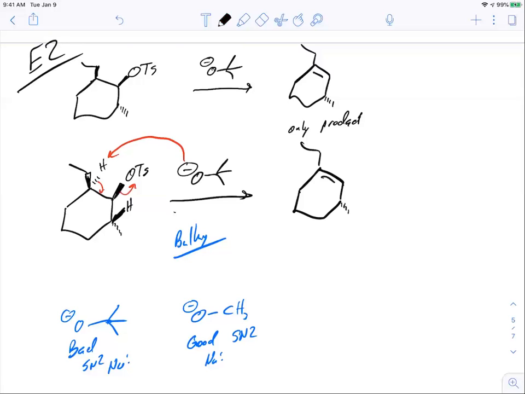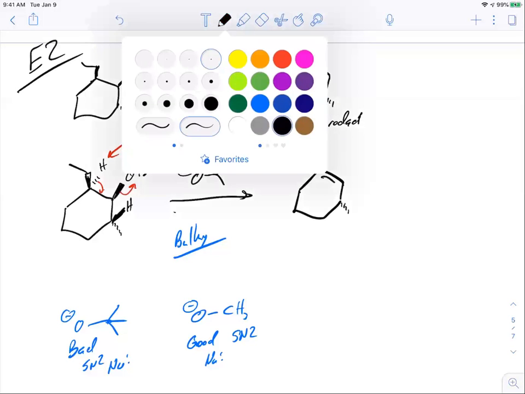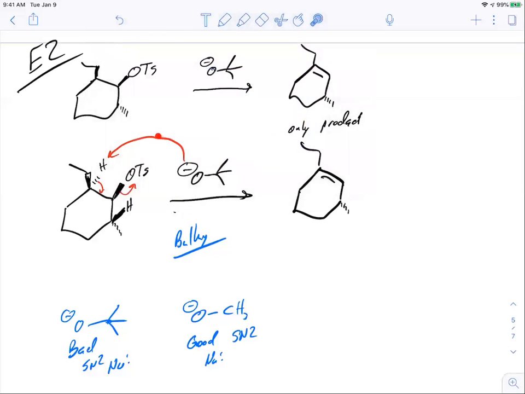So what is going to be happening in an E2? Well, this proton, that's pretty straightforward. This base just has to get close enough to that proton, right? The proton's not inside here, so this big bulky base has a wide range of getting in there and attacking that proton.